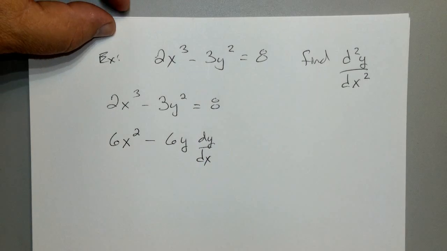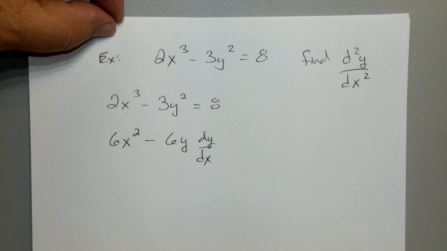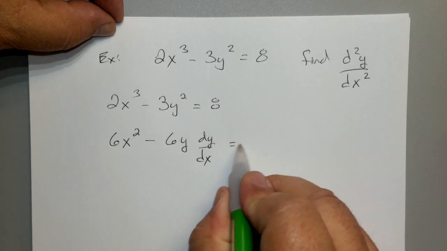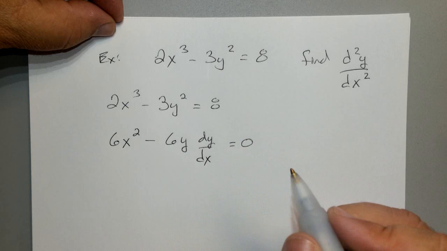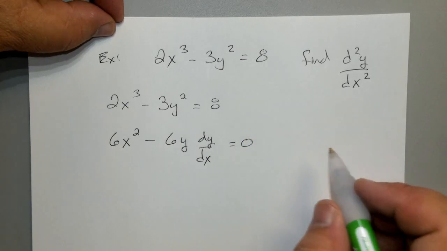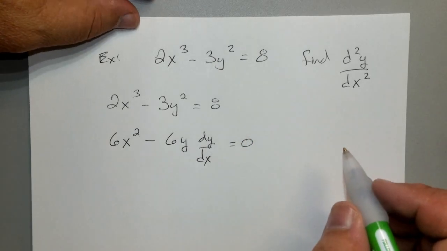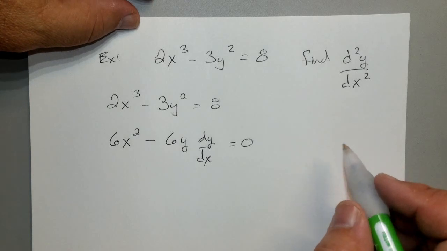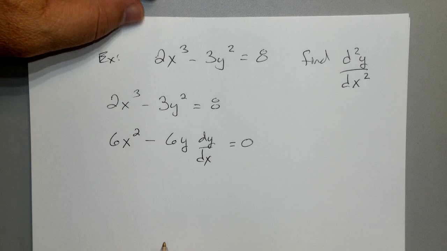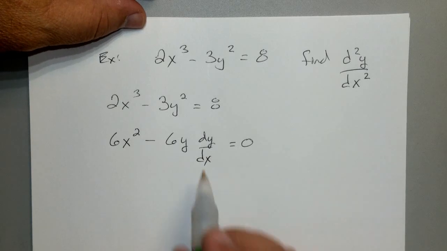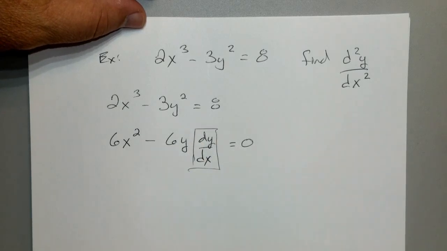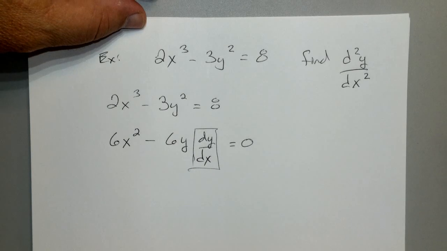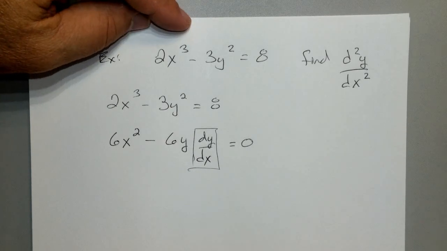Yes, whenever you take a derivative of y, after you do all that other stuff, you have to do dy dx behind it. Yes, I would highly suggest that. So in this one, we have to solve for the first derivative, dy dx.